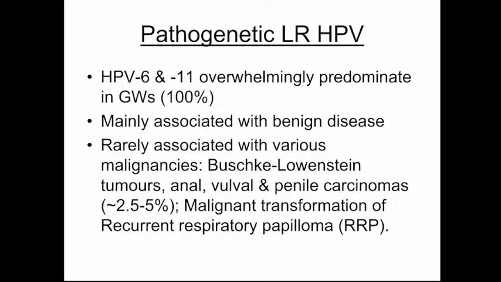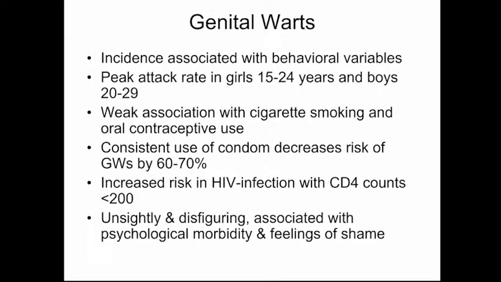So the incidence of genital warts is associated with behavioral variables. We know that as soon as young girls and boys become sexually active, they acquire HPV because it's a sexually transmitted infection.